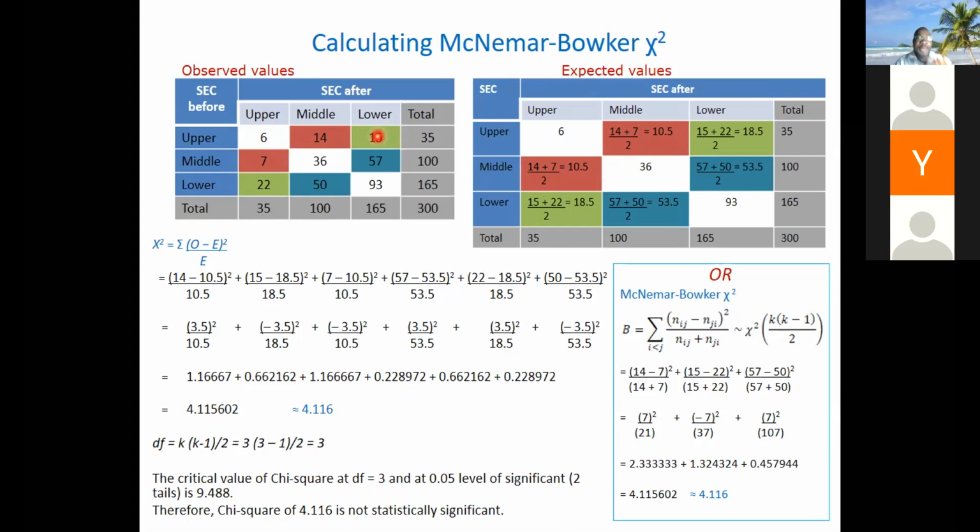Then the pair would be the people that were lower before, they became upper after. Then this third pair would be the people that were middle before, they became lower. Then the second one would be those that were lower before, they became middle. Can you see? So the discordant cells occur in pairs.